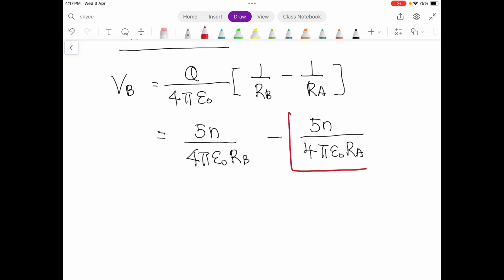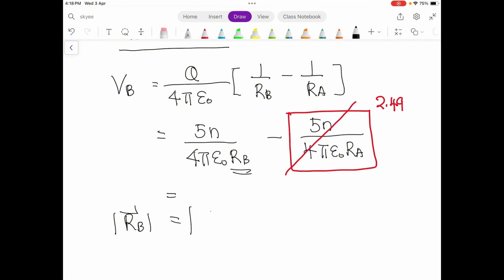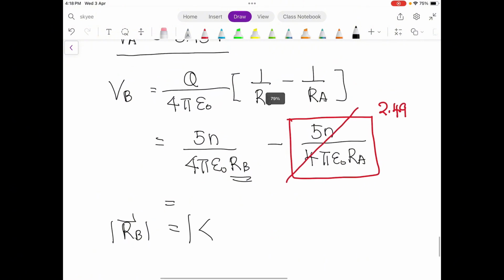For the second term, we already know the value, 2.49, so we just replace it with 2.49 later on. Now we need to know what our RB is. Our RB will be the point that you want to look for the potential, that is 1, 5, 7, minus the coordinate of the point charge.